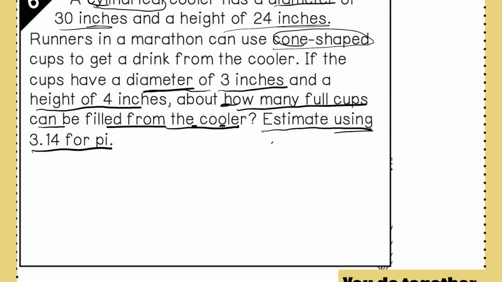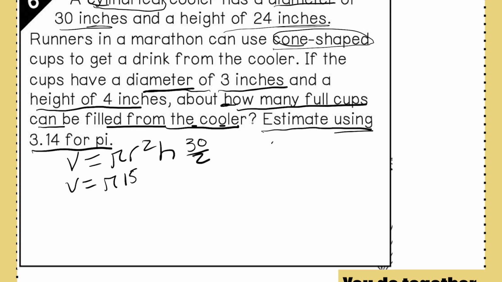Alright, so the first thing we need to do is find the volume of our cylindrical cooler. V is equal to pi r squared times our height. Our diameter is what we have here, so we have to do 30 divided by 2 to find our radius.